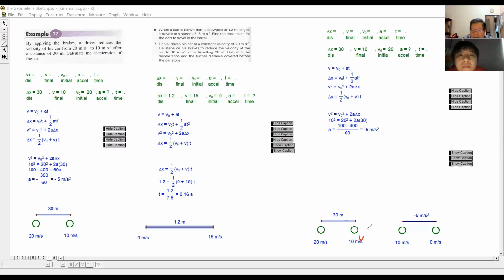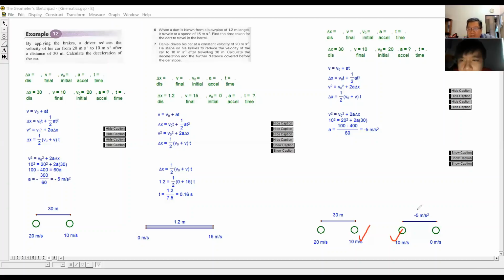The final velocity for the first part of the journey becomes the initial velocity for the second part of the journey. Is this okay?